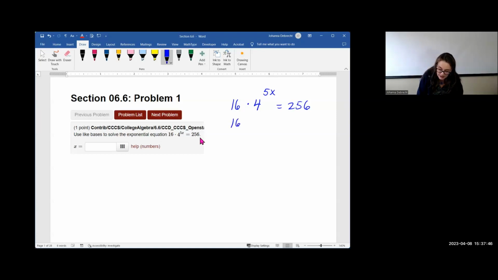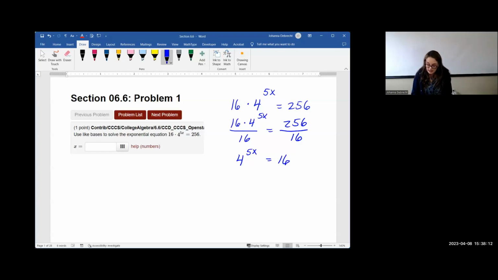When I divide by 16, on the right-hand side, 256 is divisible by 16. I believe it gives you 16. I think that 16 squared is 256. It is, so we end up with 4 to the 5x power equals 16.